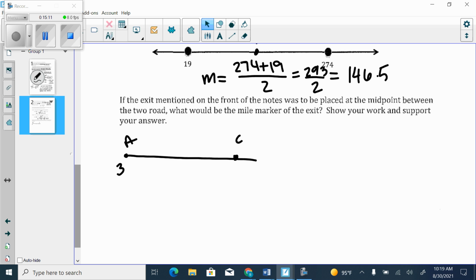This one was at 3, and this one was at 43. So, to find the midpoint, what's it going to look like? M equals, good. Which is, what'd you say? 23. Very good. So we got 46 over 2, which is 23.